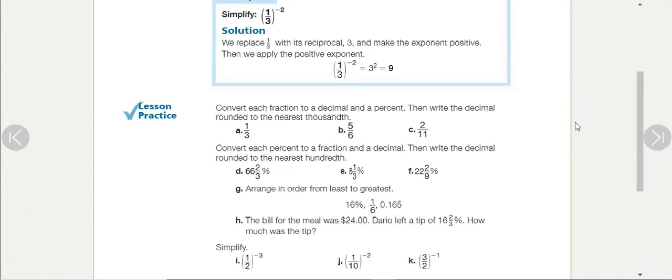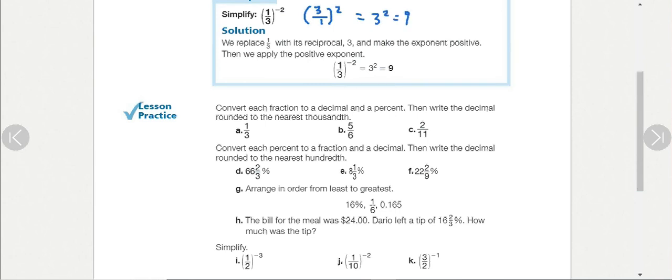What it's saying is, in example 5, 1/3, the whole fraction to the negative 2, means if we flip it, now it's to the positive 2. Which is really the same as saying 3 to the 2, or 9.